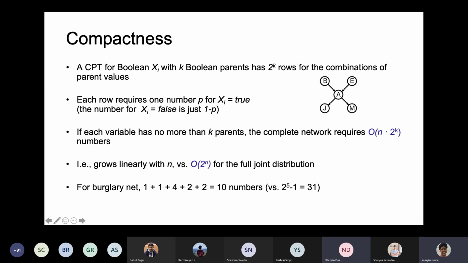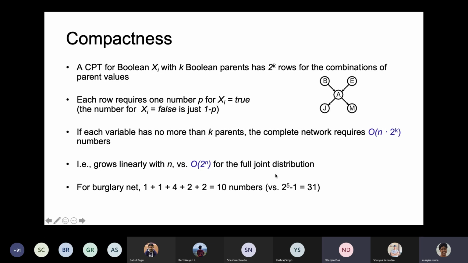If I have fixed k to 3, then it will be a maximum of 8 rows in the CPT for each of the variables, and for the n variables that will be n into 2 to the power 3. So the main point is that this requirement only grows linearly with n.